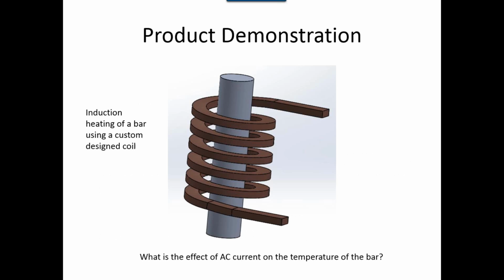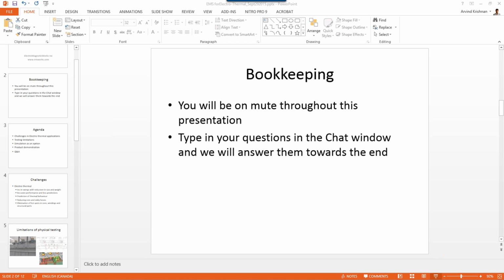And now that leads to a very interesting question: why simulation? How simulation can help you overcome some of these challenges? First of all, simulation can actually help you visualize the complex electromagnetic field inside your model. It's practically impossible otherwise, because electromagnetic fields are not visible to the naked eye, so you would not be able to visualize them through any testing procedures.